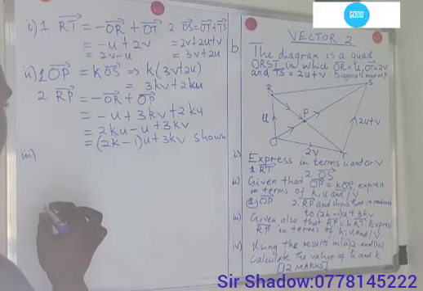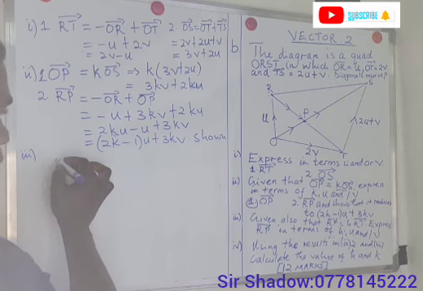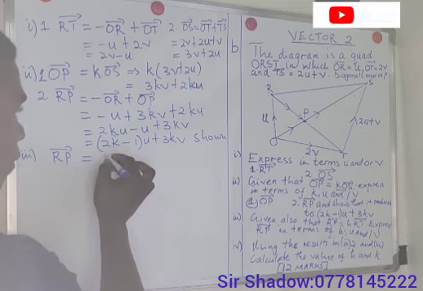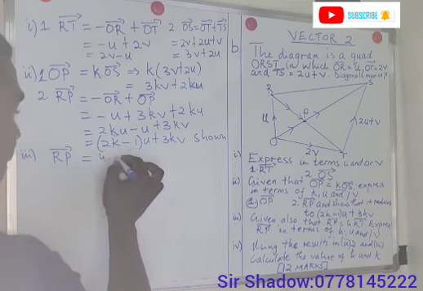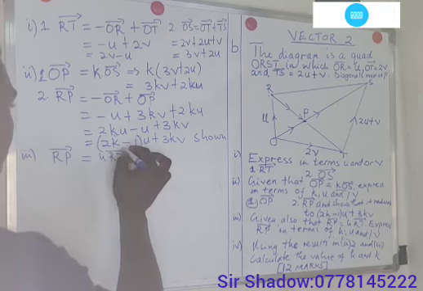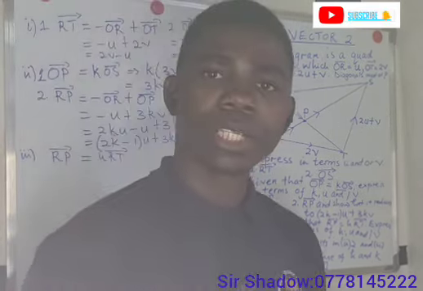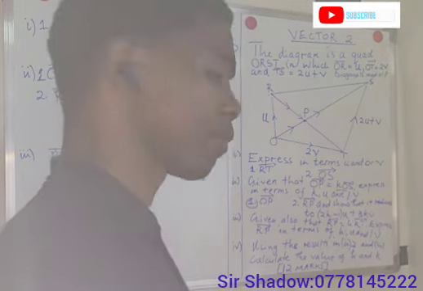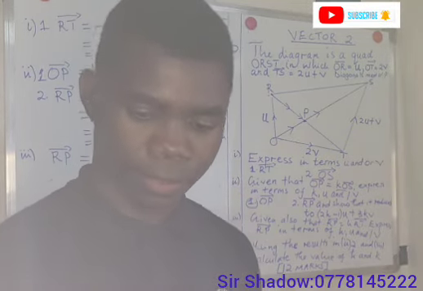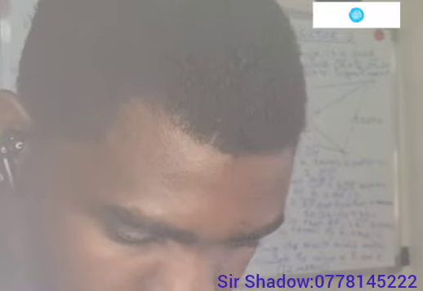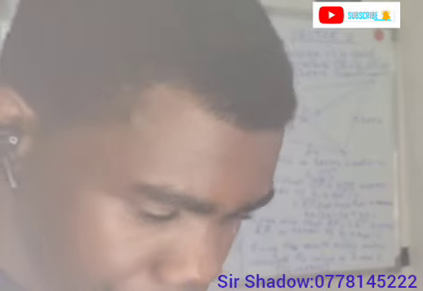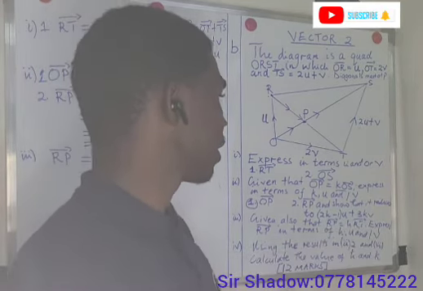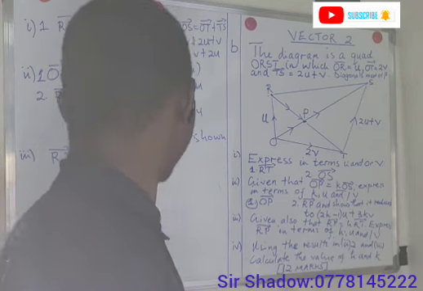Our conditional vector says that for us to find RP, we have to say h is multiplying RT. Sorry, just want to check on the camera. Given that RP is equals to hRT, but we are already given RT.